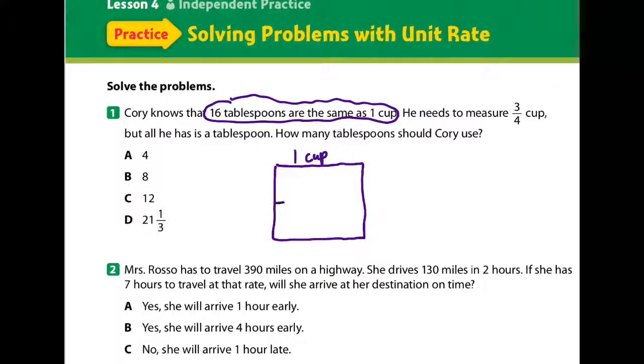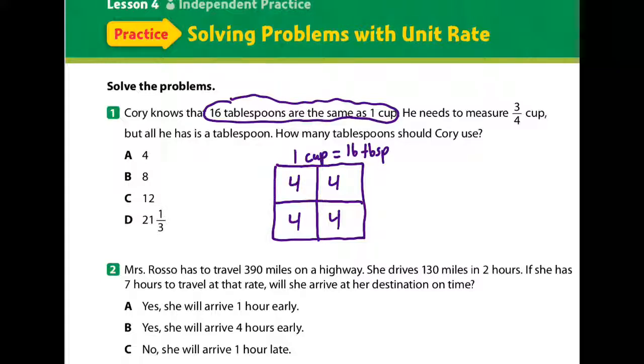So if I split this cup into 4ths, 4 equal sections, I have to figure out what 3/4 is. Now remember, 1 cup is 16 tablespoons, right? So that means in each 4th, there would be 4, because 4, 8, 12, 16.